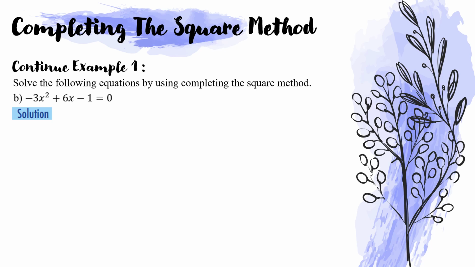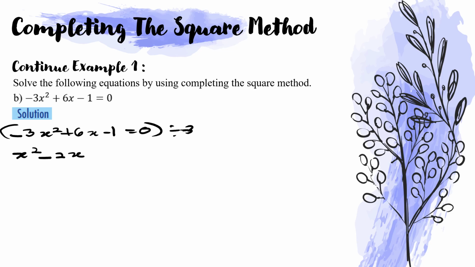So negative 3x squared plus 6x minus 1 is equal to 0. You need to divide it by negative 3. So negative 3x squared divided by negative 3 becomes x squared. 6x divided by negative 3 becomes negative 2x.